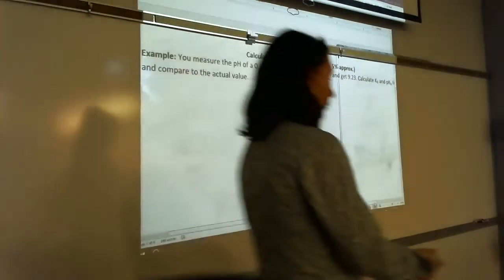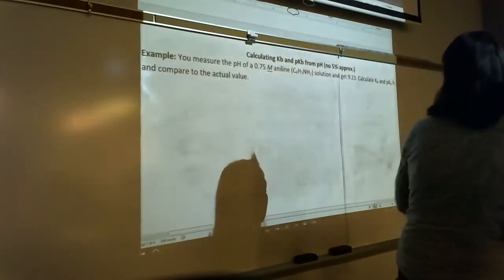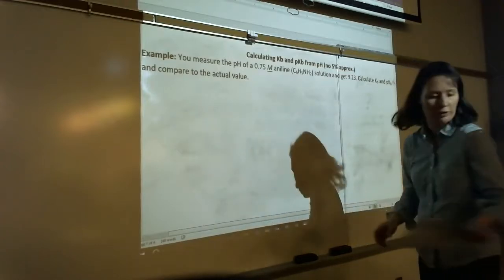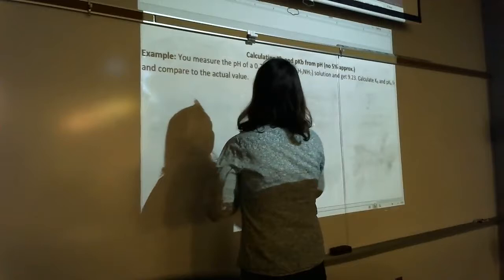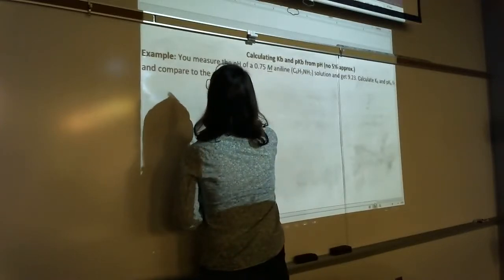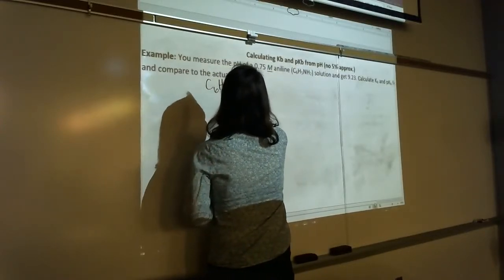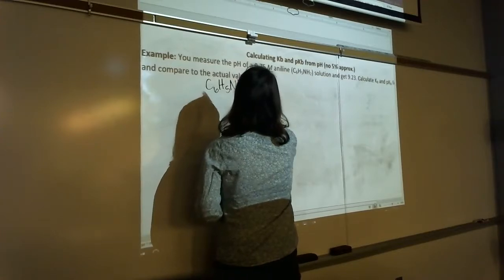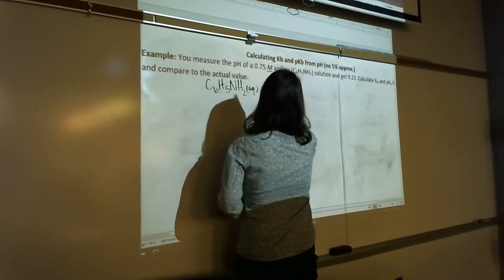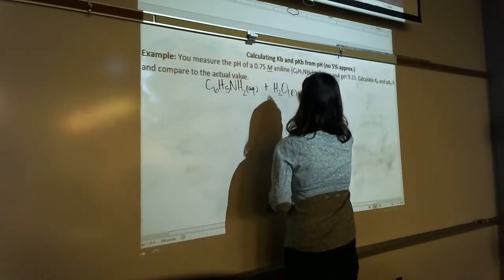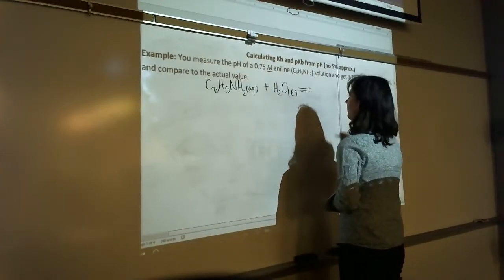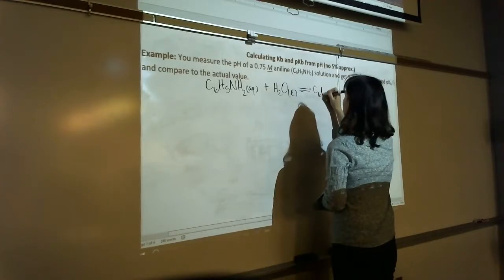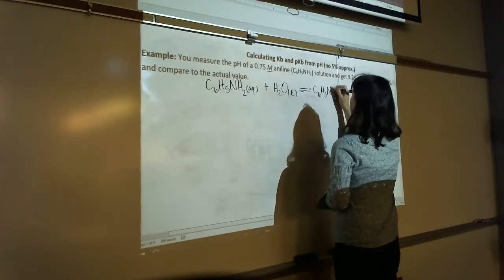That's it. So the first thing we need before we can do anything is we need to write our dissociation equation, right? So this is aniline, which is C6H5NH2 plus H2O liquid. What are we producing? Its conjugate acid. C6H5 what?